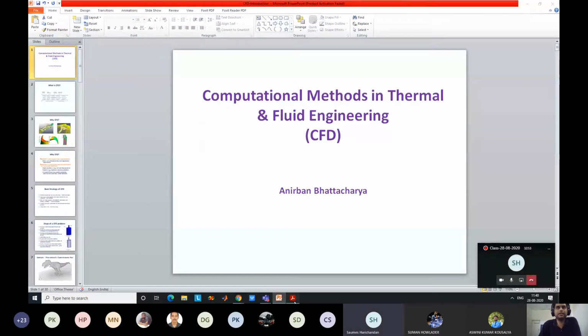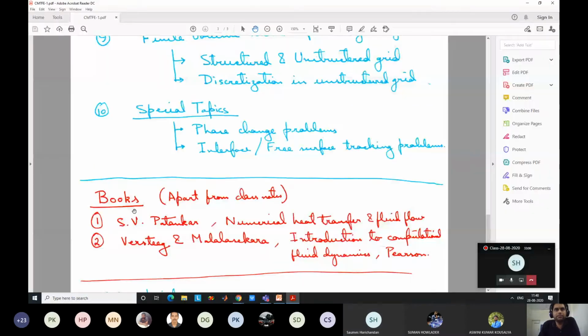So this is about the syllabus and books. Anyway, you have to go through the class notes. The most widely used and most famous book for CFD is Numerical Heat Transfer and Fluid Flow, written by S.B. Patankar. We will follow this book closely.